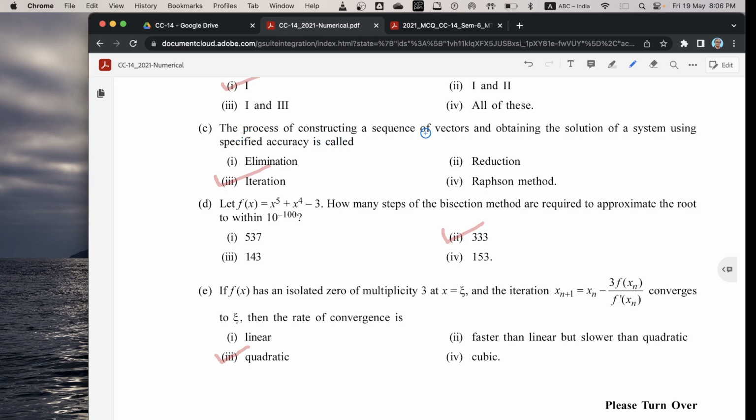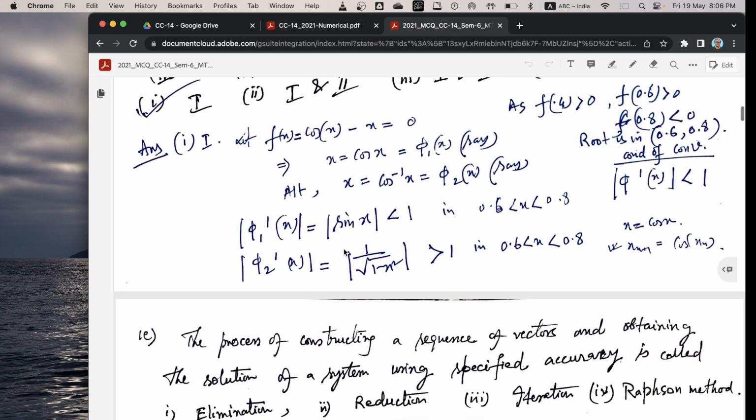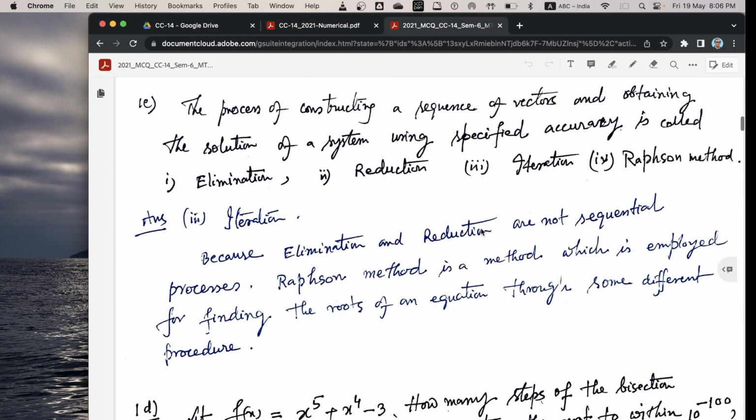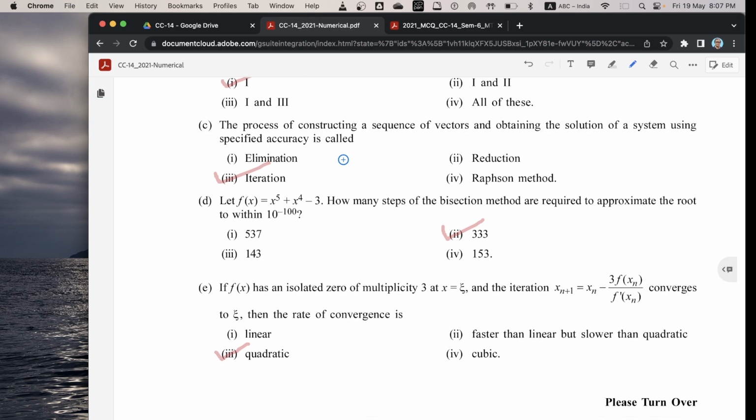A process of constructing a sequence of vectors and obtaining the solution of a system using the specified accuracy is called iteration, because elimination and reduction are not sequential processes. And Raphson method is a method employed for finding the roots of an equation through a different procedure. So the correct option is 3, the iteration process.